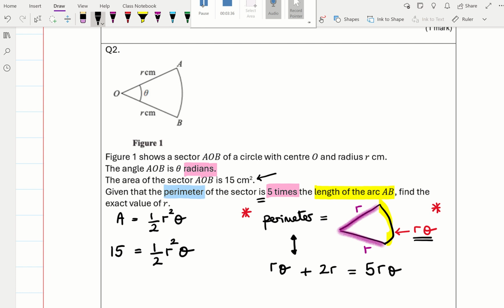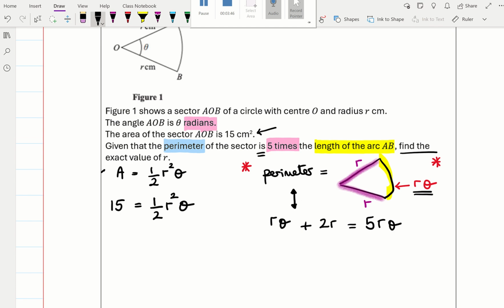And the question says, find the exact value of r. So at some point, my final answer is going to be r equals. But I'm starting here with the area. This is a half, I'm going to times by 2. So 15 times 2 is 30, r squared theta. I'm not going to find r now.